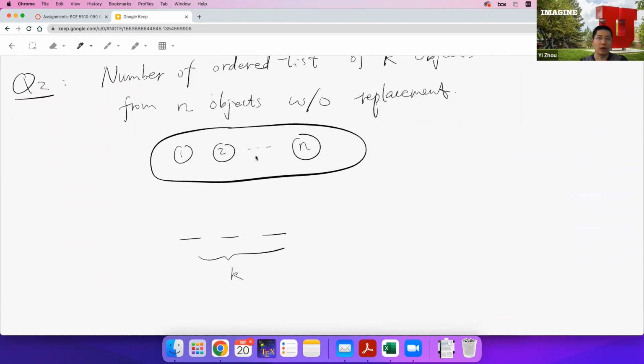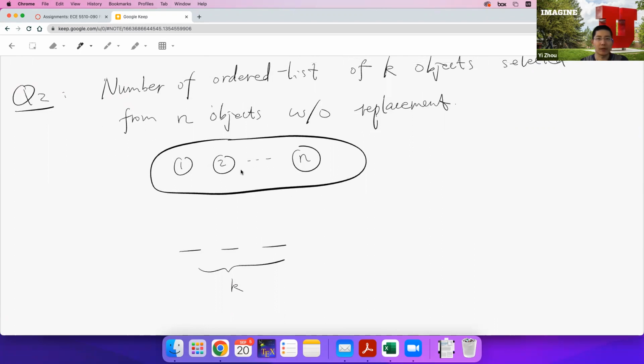Okay, so let's say I'm going to fill the first position out of these k positions, and I have n different balls to choose, right? So in the first stage, the number of choices I have is n. I can choose any of these n objects and place it into this position.